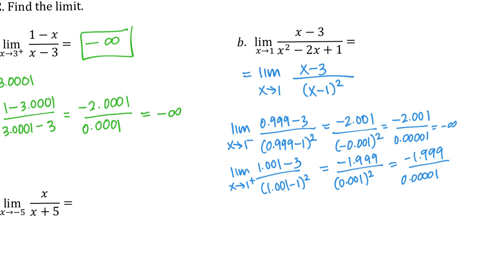So I have a negative almost 2 divided by a positive 0, which is going to give me a negative infinity, which actually matches the other side.